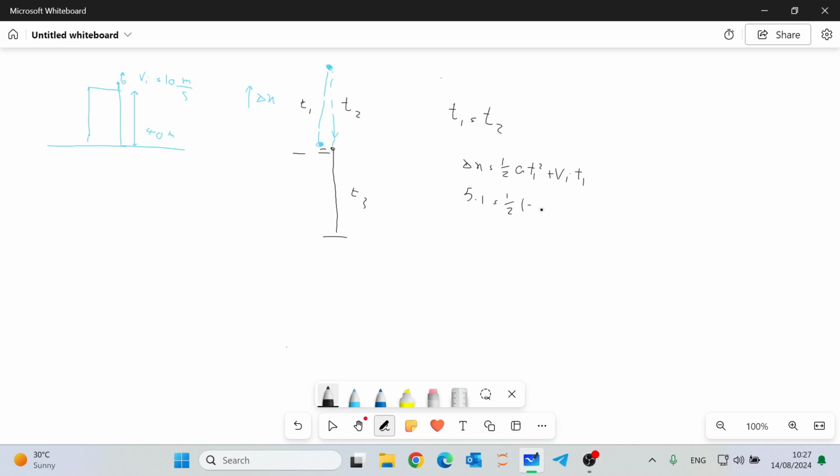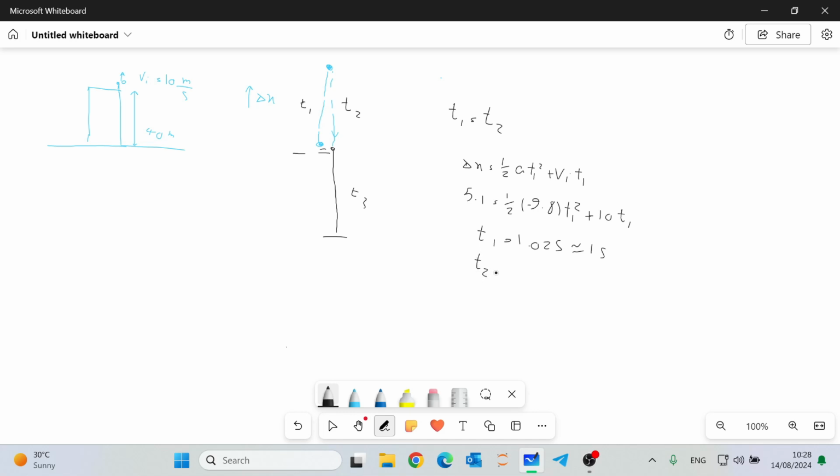So I consider the velocity positive, and the acceleration negative. You can also consider it vice versa, it's at your will. If you solve it, you will obtain 1.02 seconds. Okay, let's say 1 second.